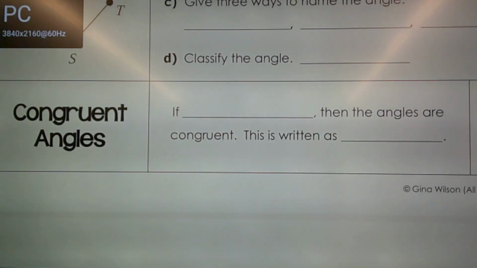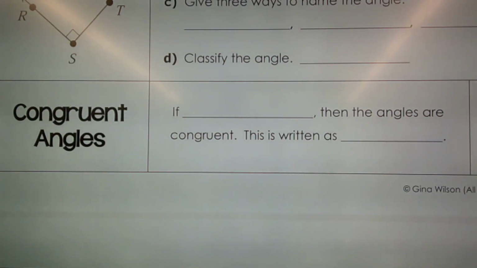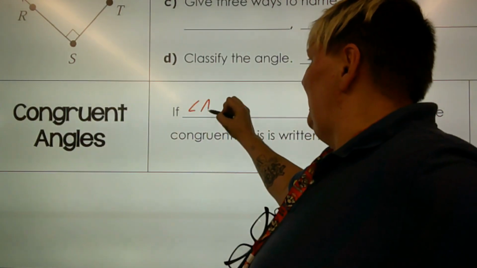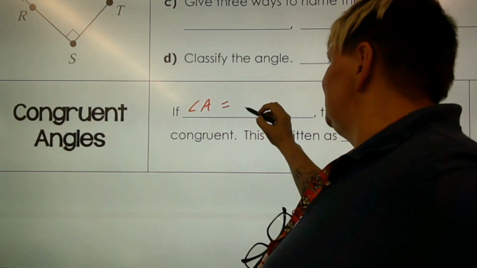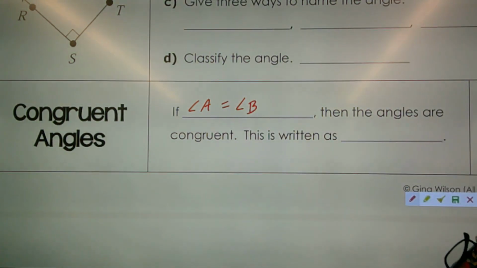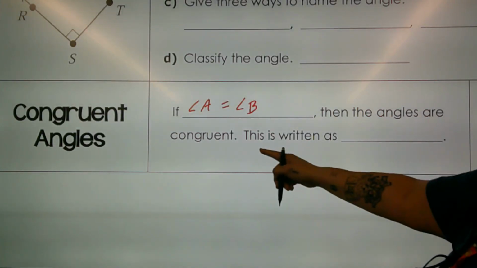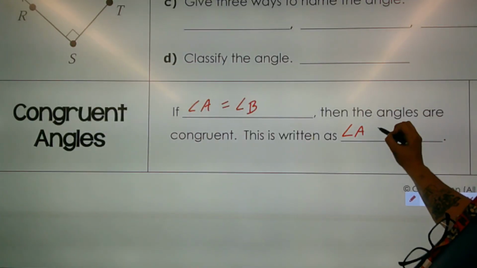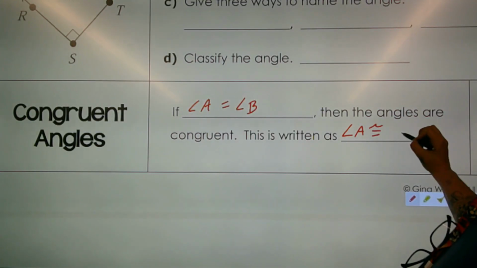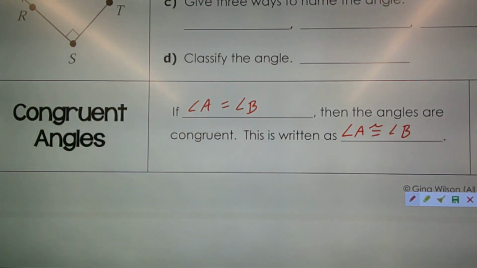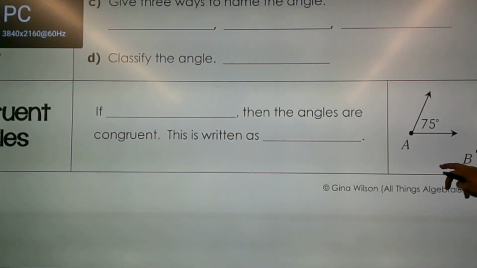Alright, congruent angles. Remember, congruent means equal, right? So if angle A equals angle B, right, then the angles are congruent. This is written as angle A is congruent to angle B. And it would look something like this.